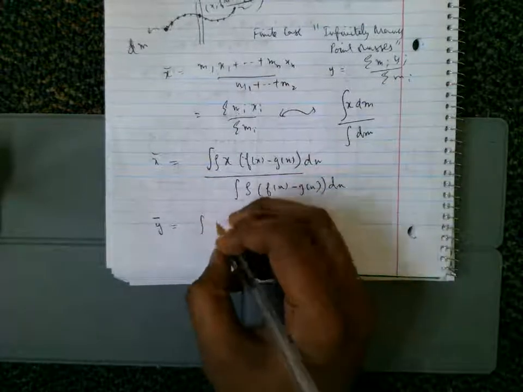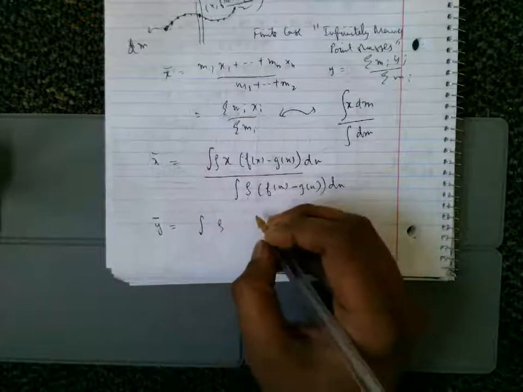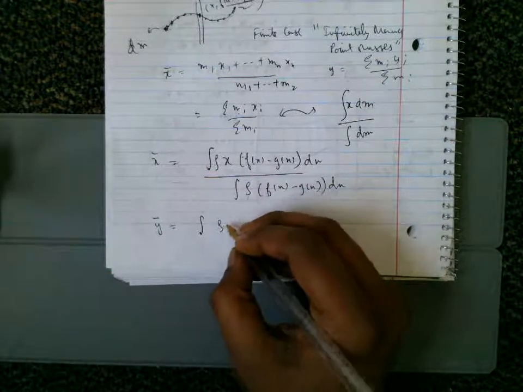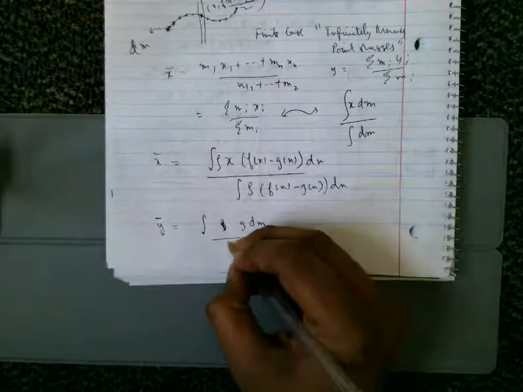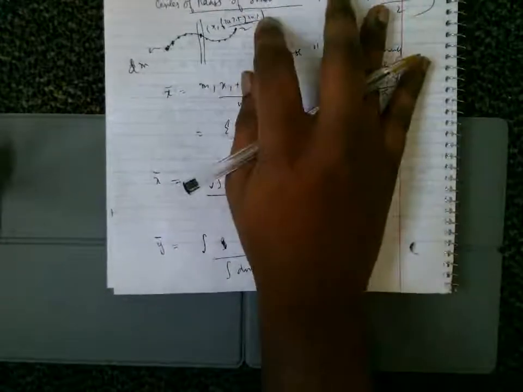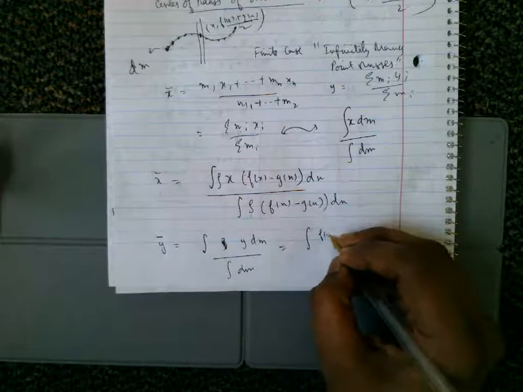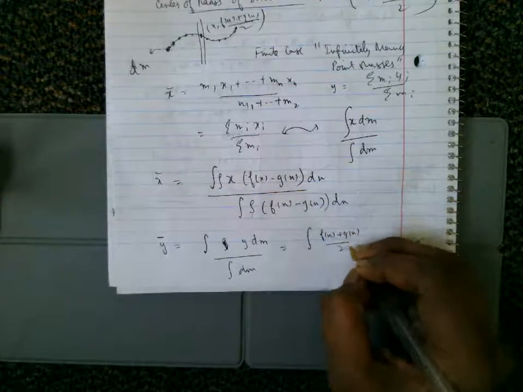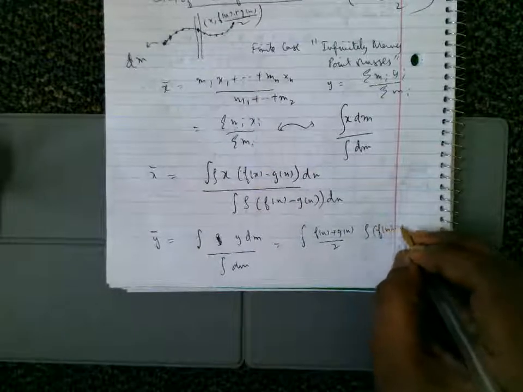So this will be integration of y dm by integration dm. Now the y coordinate of each of these is (f of x plus g of x) by 2, and dm is rho times (f of x minus g of x) dx.